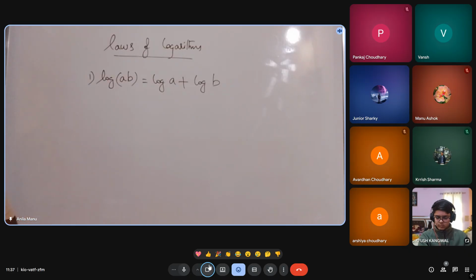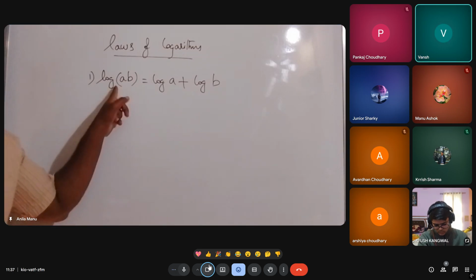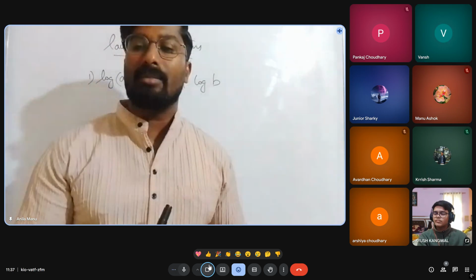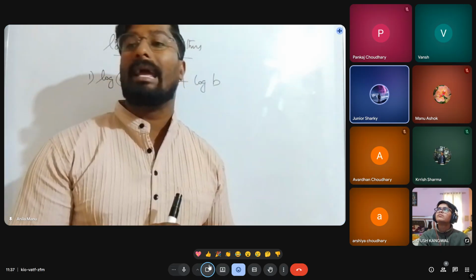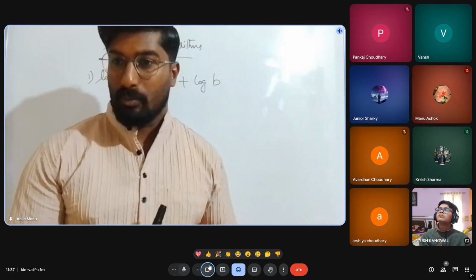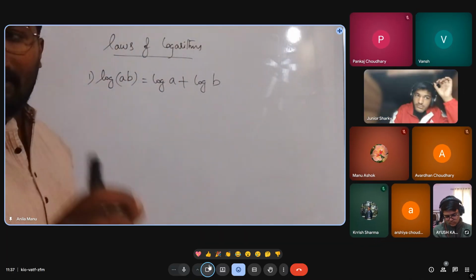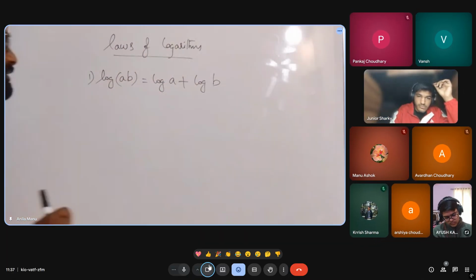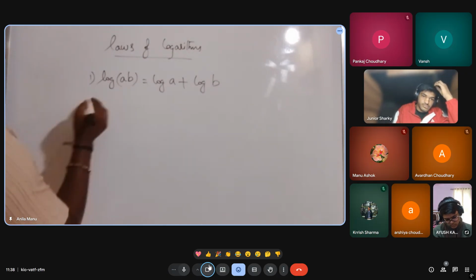Natural logarithm means the logarithm of a number to the base e. e is an irrational number like pi. Its value is 2.71828, which we correct to 4 places of decimal. So where the base is not there, you have to understand that the base is e.